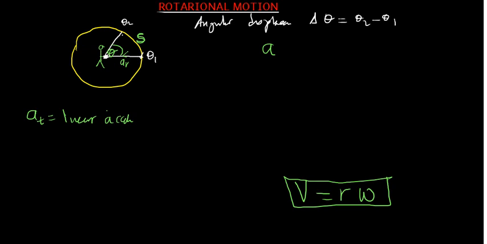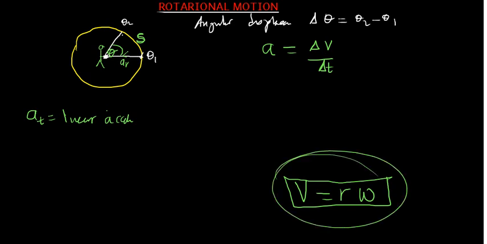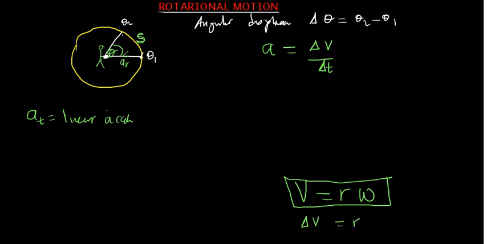And we know that tangential acceleration or linear acceleration is just given as change in velocity divided by change in time. Now we know that velocity is given by this. So change in velocity is equal to r times change in angular velocity. I'll substitute r times change in angular velocity, divided by change in time.